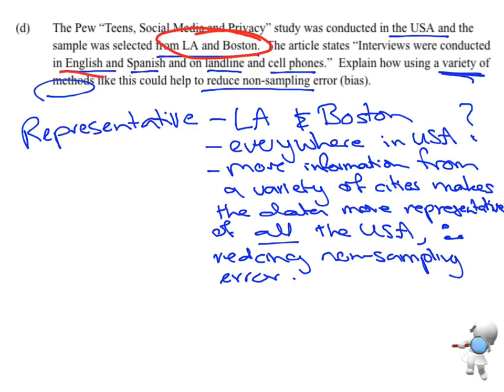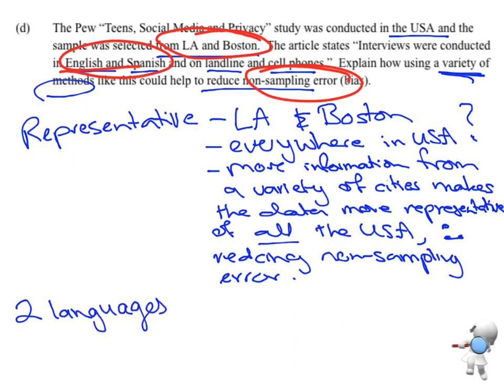Another thing we could talk about, they did the survey in English and Spanish. Is that a good thing? Is that a bad thing? How does that change our error rate? Does it make it more? Does it make it less? And one of the things, again, coming back to this idea of representative, if you've got it in 2 languages, is that better? So asking the questions in 2 languages, is that better or worse than just asking in 1?